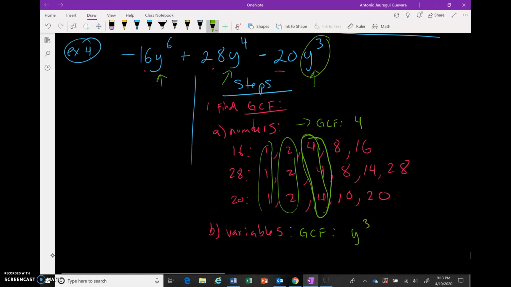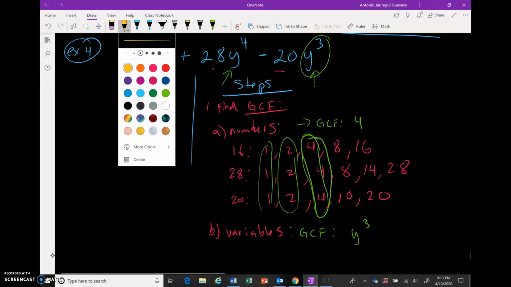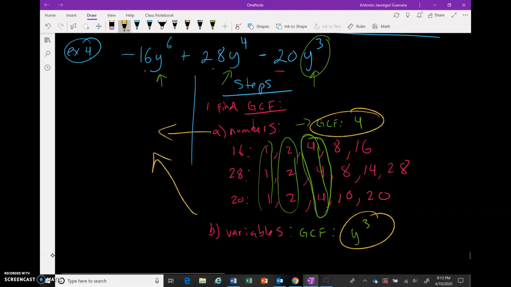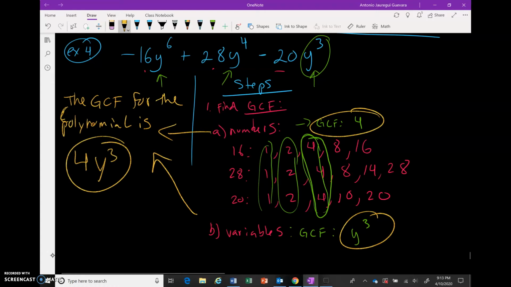So you put them together, and the greatest common factor for the polynomial is 4y to the power of 3. You put these two together, right? 4y to the power of 3. So it's really 4 times y to the power of 3. Hopefully that makes sense, guys. So that's the greatest common factor.